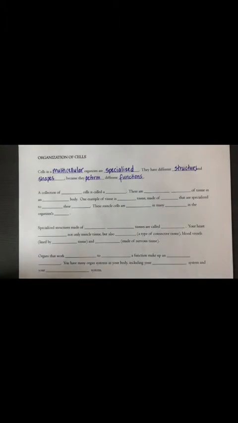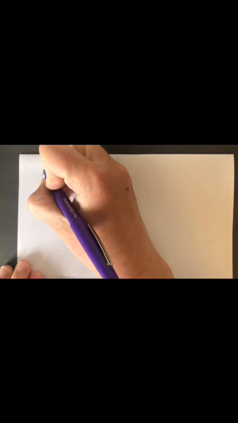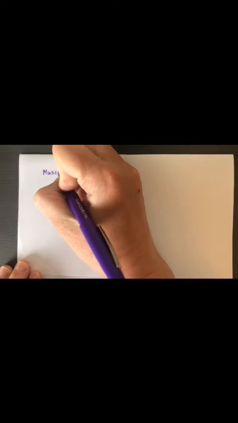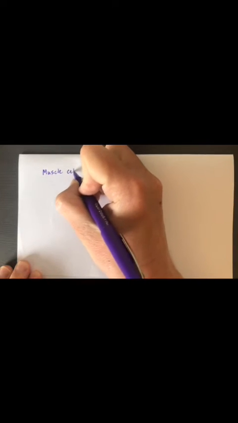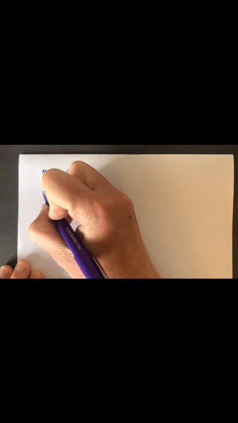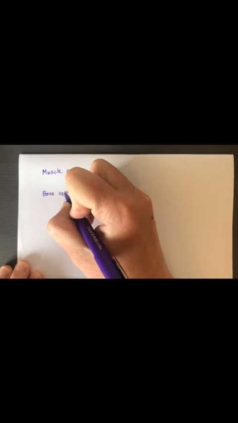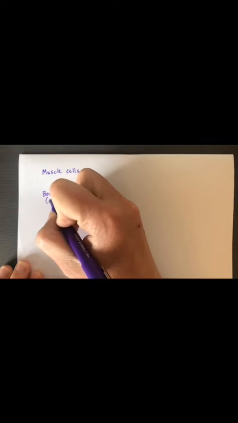So if we were to come down here, let's write a few examples on the bottom of your paper. Write a few examples of cells that you can think of. In the past you've studied systems of the body, so I'm sure you can think of certain cells. There are muscle cells, you have bone cells, which can be called osteocytes.